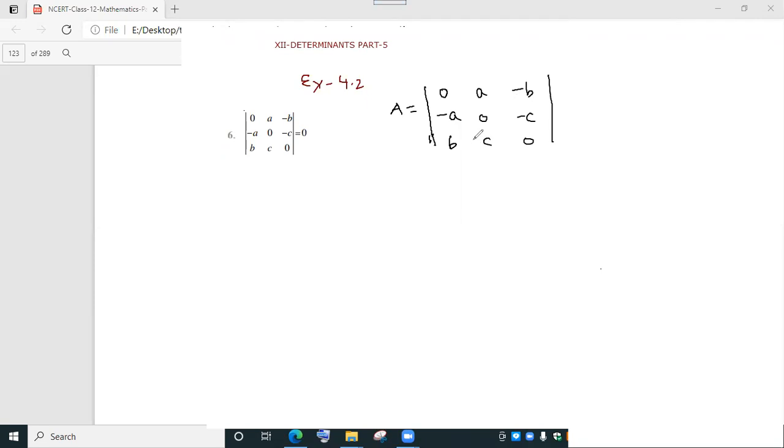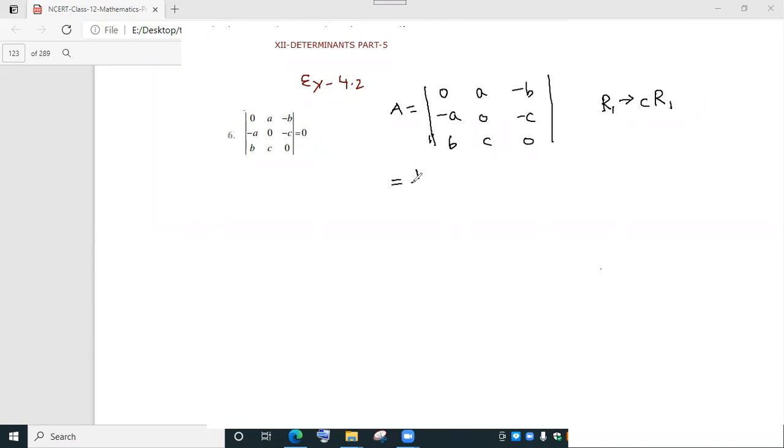For that, first we will apply R1, row number 1, multiplied with c. When you multiply row number 1 with c, we have to divide also.